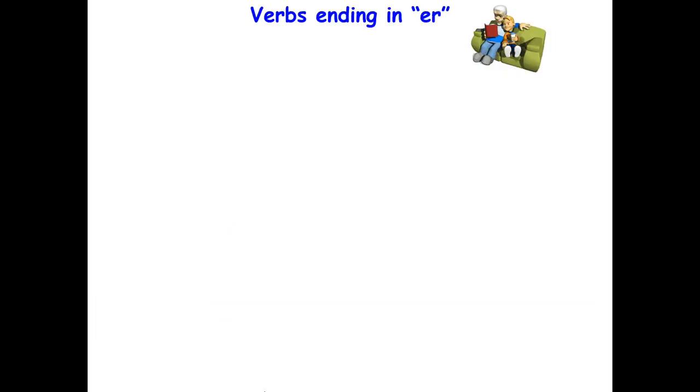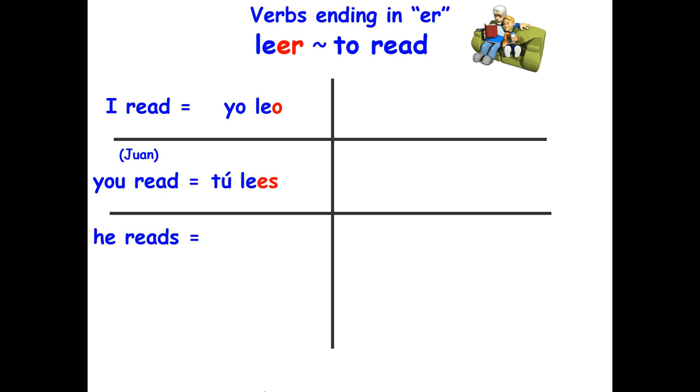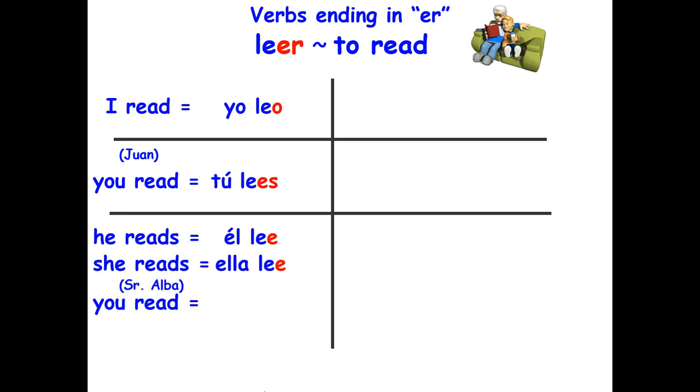Another ER verb, ¿cómo se dice to read? Leer. I read, you're going to take off the ER, and even though you're left with a vowel there, you just have LE, you're still going to add the same endings. So I read, yo leo. You read, tú lees. He reads, él lee. She reads, ella lee. You formal read, usted lee.